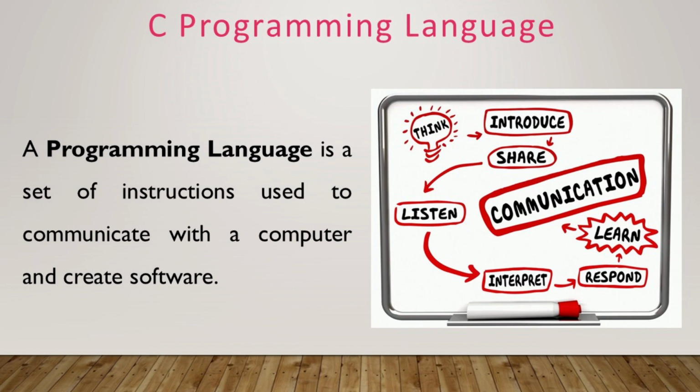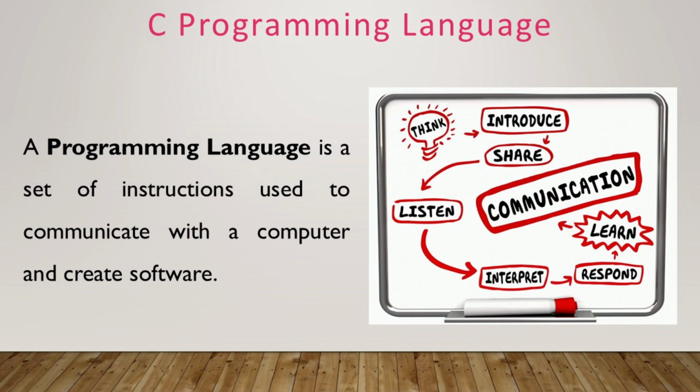Now the problem arises because we humans speak languages like English, Hindi, whatever it is, and the computers don't understand that language. So a programming language is a set of instructions used to communicate with a computer, and while communicating we create software which is basically used for the functioning of computers, right?